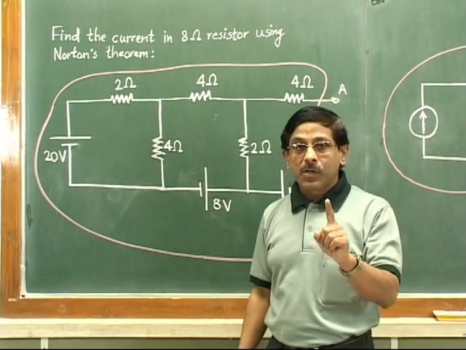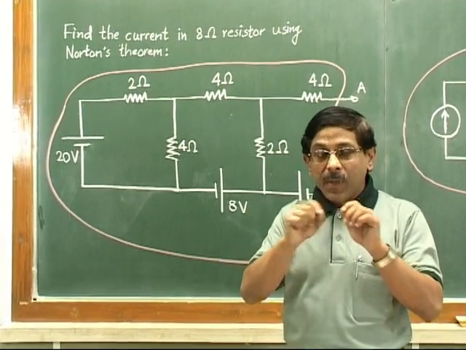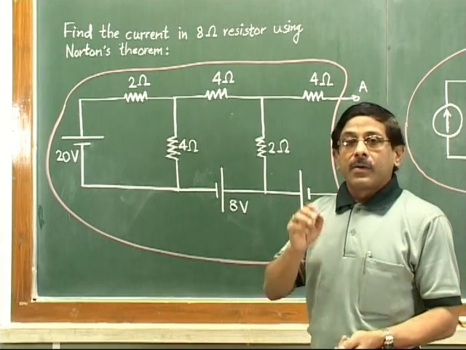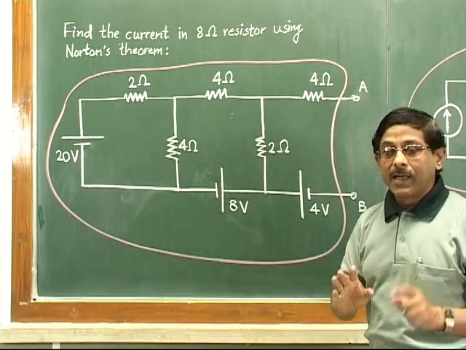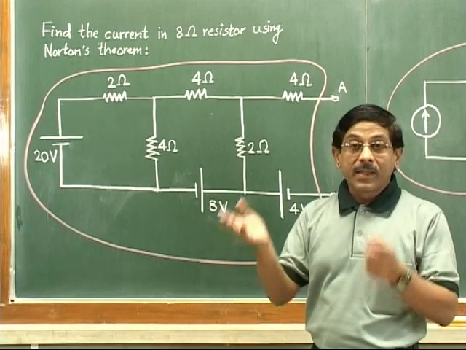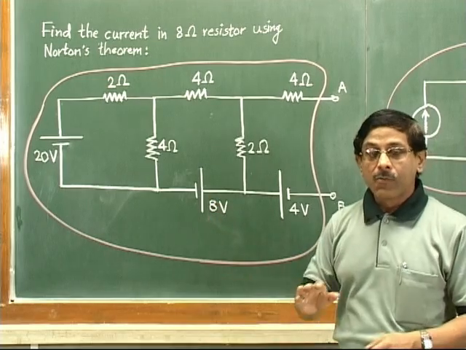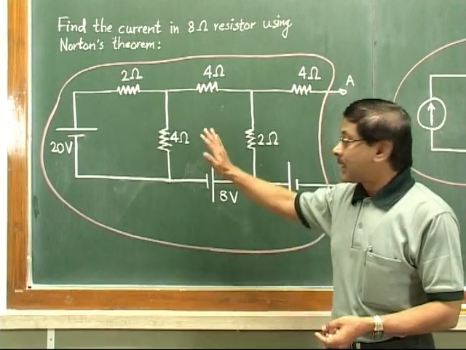For an ideal voltage source, a plain short circuit. For an ideal current source, a simple open circuit. And if these sources are not ideal, if they have some internal resistance, then we replace the sources with their internal resistances. So that is the idea.